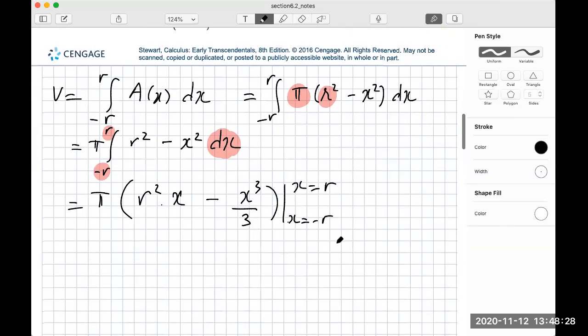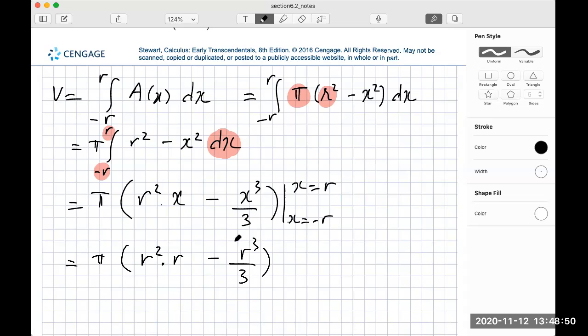So now we replace the value here, right? With the upper limit, we have pi times R squared times R minus R cubed over 3 here, right?